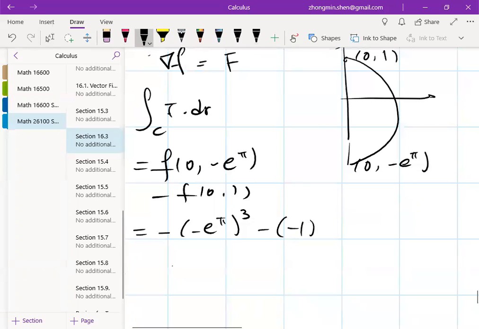So the answer will be e to the 3 pi plus 1. So it will be much easier to find this little f than evaluating the above integral. Then you use the theorem, use this formula, you just evaluate the function at those two endpoints, this endpoint and that endpoint.